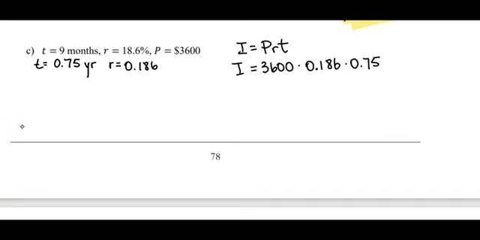Once you multiply those numbers, you have I equals 502 and 2/10. So what do we have? We have 502.2 as your answer. That's our missing value, the I.